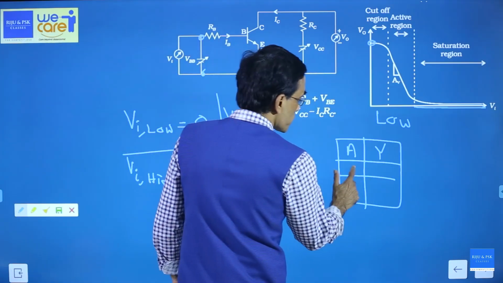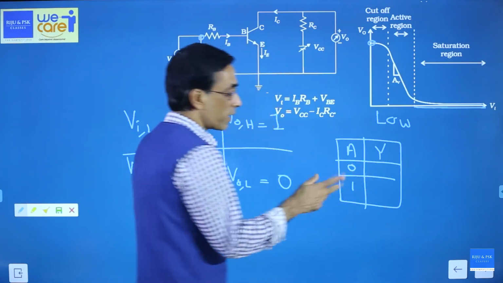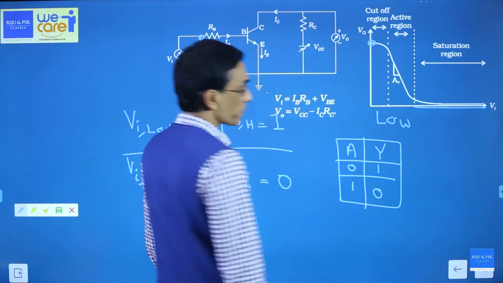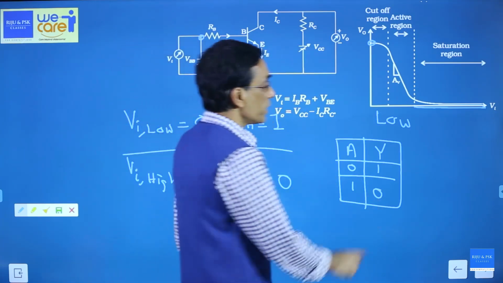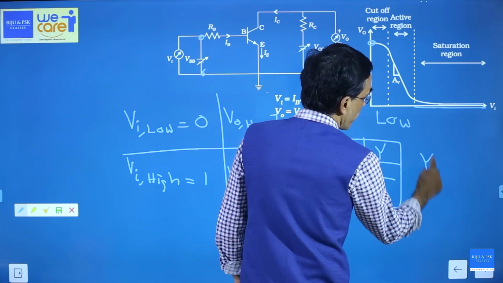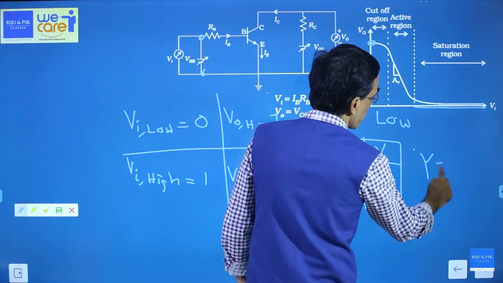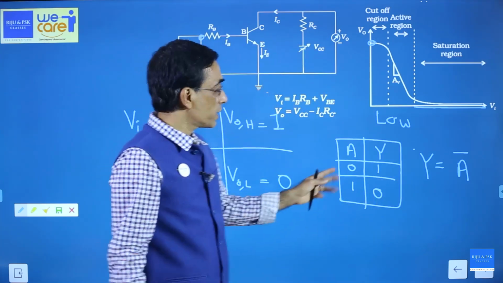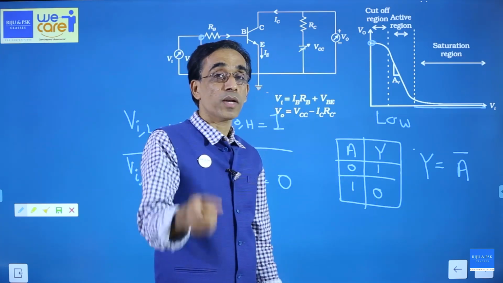Now input 0 and input 1. There are two possibilities, 0 and 1, and the output will become 1 and 0. We normally write using Boolean algebra: Y is equal to not A. Not A means there are only two possibilities, 0 and 1.